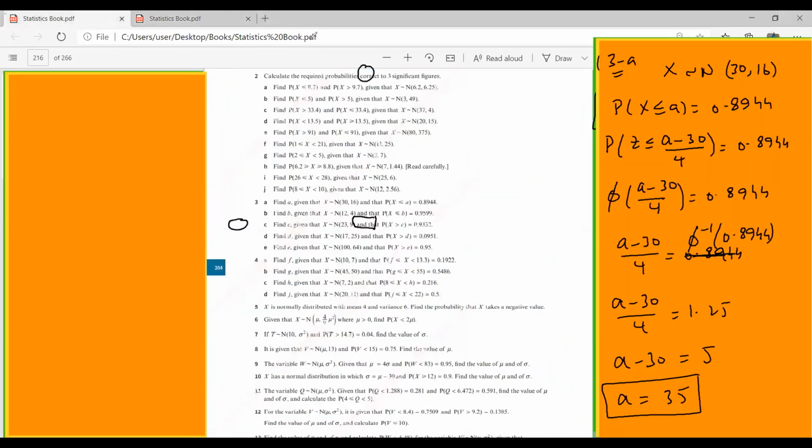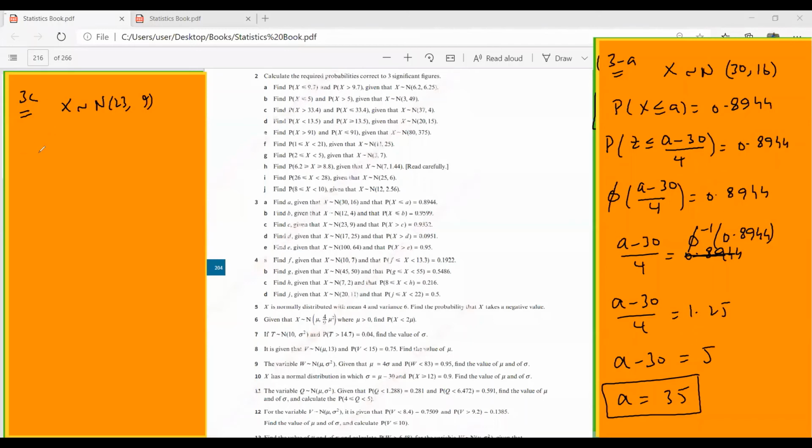Then maybe you can look at question number 3, part C. Yeah, 3C. Okay, look at 3C now, guys. We have X normally distributed with mean 23 and variance 9.